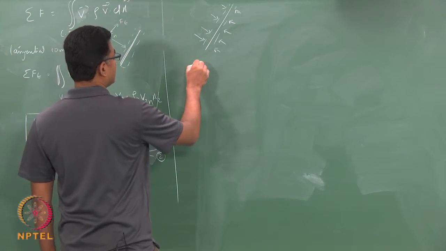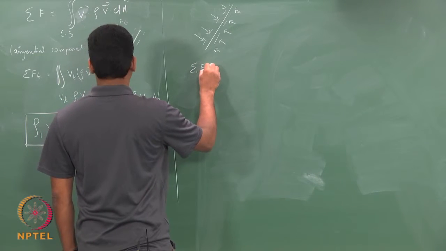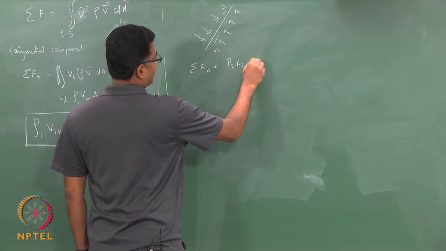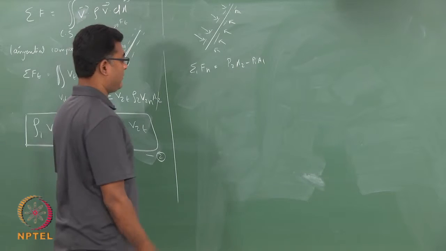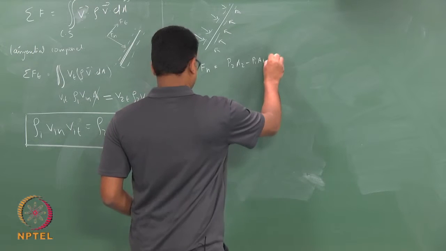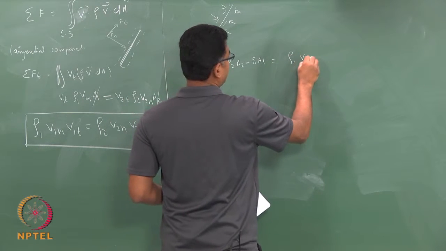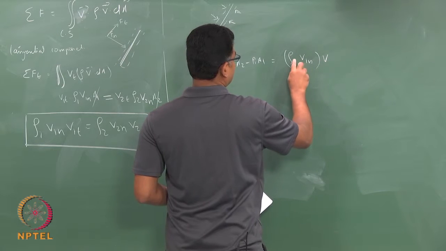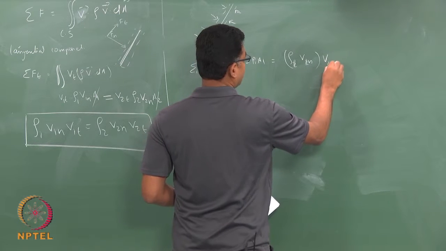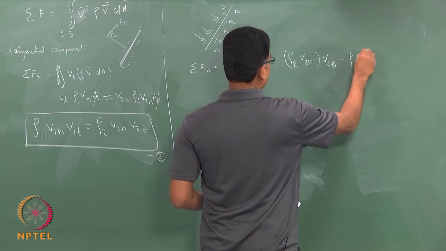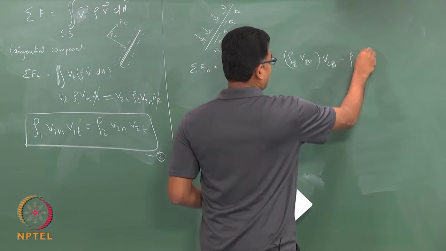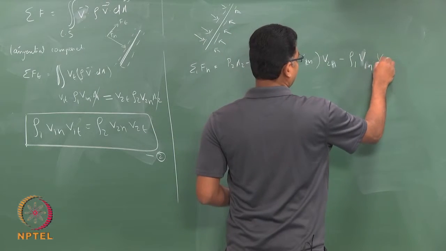So, my sigma F normal is P1 A1 minus P2 A2, which is equal to rho 2 V2n into V2n minus rho 1 V1n into V1n.